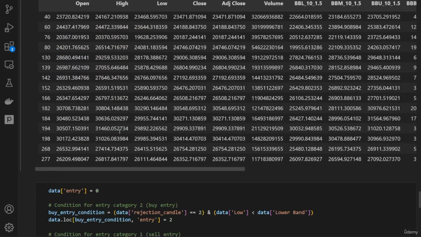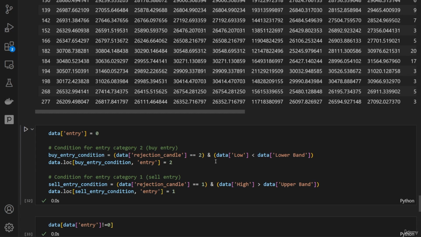Now we can combine the signal with the Bollinger Band signal to detect a good entry position. Putting two conditions here. We need to have a rejection candle that is bullish, and at the same time we need the low value of the current candle to be happening below the lower Bollinger Band. In this case, we are expecting a future uptrend.